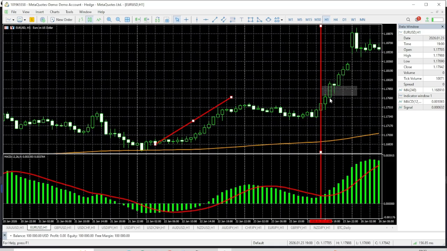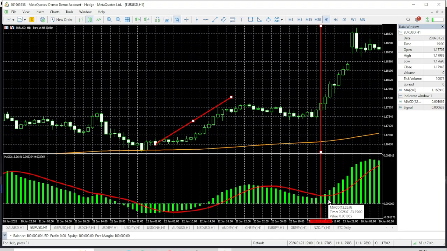So now this is it. Here we see that price is comfortably above the EMA 240, that exponential moving average 240. And then we go to MACD to get our entry, and we see that before this time there was a pullback, and that is the MACD histogram bars forming below the MACD signal line.